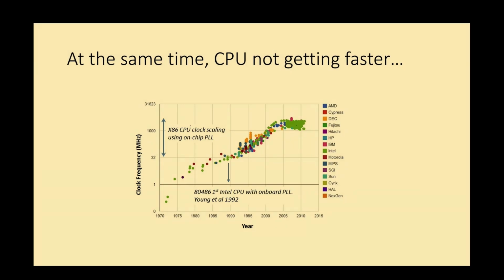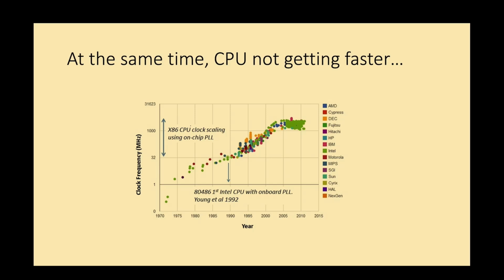This diagram shows the CPU frequency versus time. At some point, it stopped. You can go back and check your laptop or desktop and see the frequency of your CPU cores. It's more than likely between 2 to 3 gigahertz, which is the same as 10 plus years ago. So the CPU frequency has not been increasing.